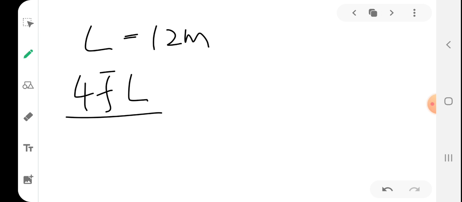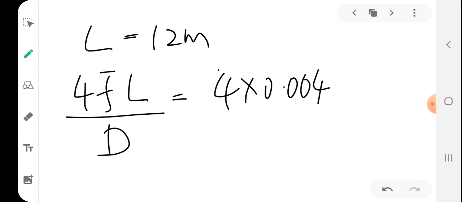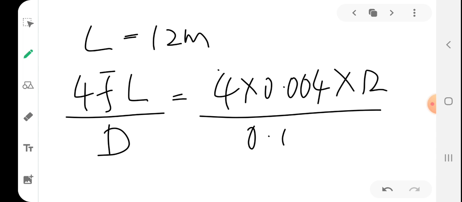Now we calculate Lmax 1. Students, L is given. L is equal to how much? 12 meter. So for 4f bar L by d you can calculate, right? 4 into f bar, 0.004, into L 12 by d, 0.025.